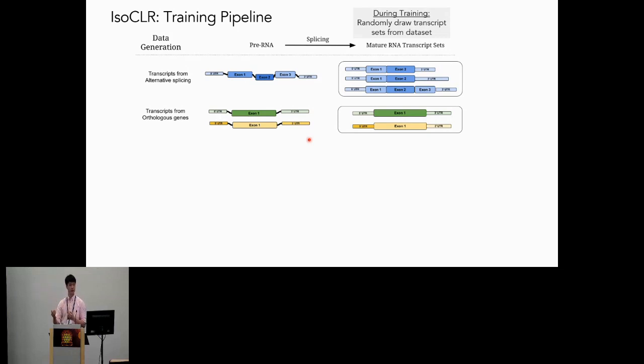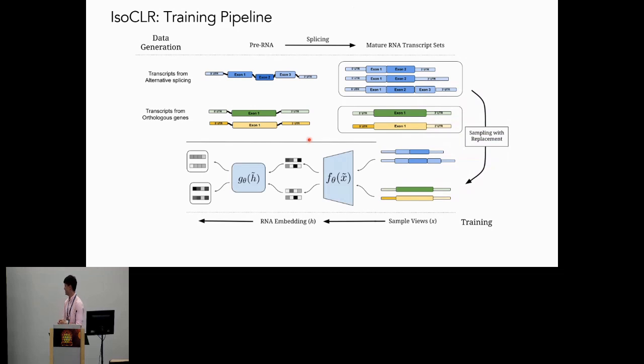We'll randomly sample them during training to pull out some transcript sets from the data set. And then from each transcript set, we will sample each of our positive pairs, since we only want to look at 2 at a time. Animations are super in these days. Okay, and then these sequences will be embedded using our Mamba model. And then using the average of these sequence embeddings, we will compute our contrastive loss, and the whole model will be trained like this.